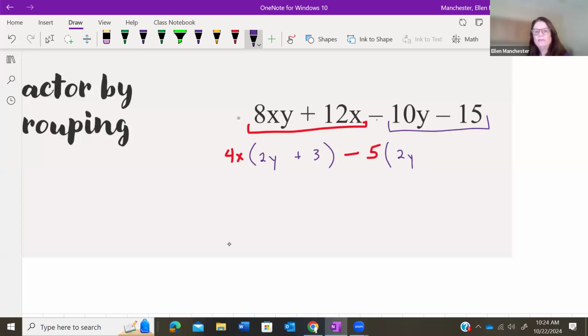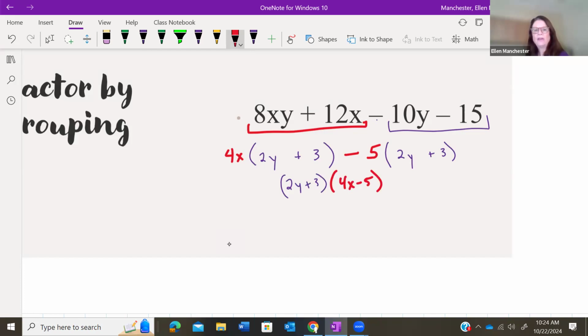The y follows. And then 15 divided by 5 is plus 3. Now, let me go ahead and finish it, and then I'm going to change it up for you so you can see. So we have 2y plus 3 in one set of parentheses, and the 4x minus 5 in the other set. Okay, and then mentally check.